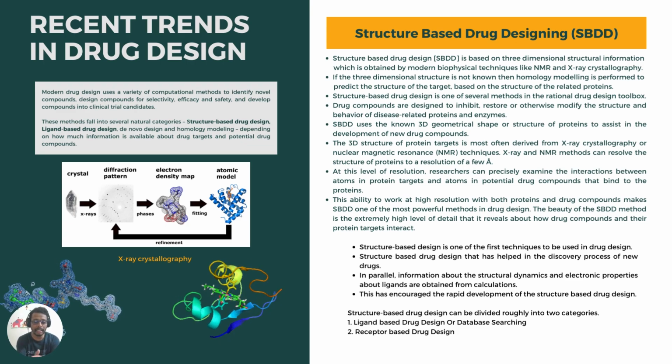So we can increase the size, or go to a particular fragment of that protein, and observe its structure. Both X-ray crystallography and NMR made it possible to identify different kinds of three-dimensional structures of our target proteins, which made it easier to design a new drug.